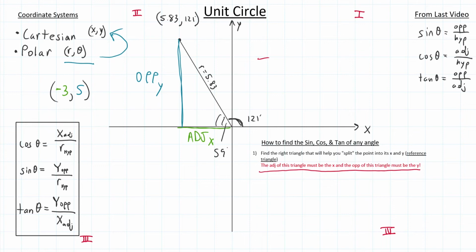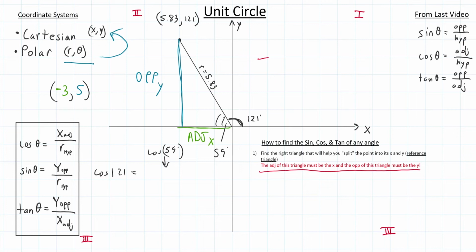Okay, so what did we do after that? Well, we used this 59-degree triangle to find the x and the y. We used the cosine of 59 and the sine of 59 to find the x and the y. So we know that the cosine of 121 should equal the cosine of 59, or at least just the numerical portion of it. Remember, the plus or minus we had to determine ourselves.